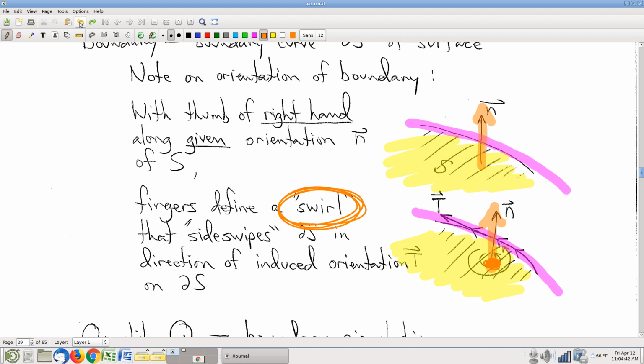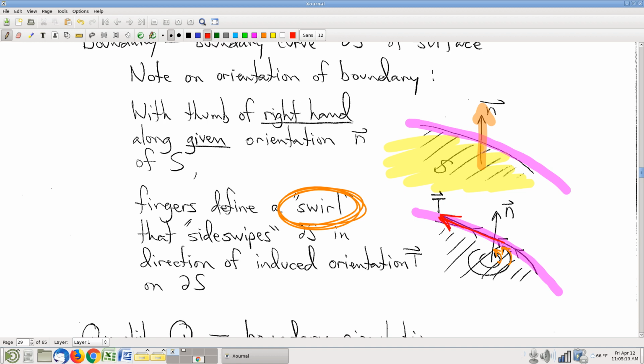So, thumb in the direction of the surface's normal vector, and the fingers curl around the thumb in a well-defined way. That's the way that the swirl goes. And notice that this swirl sideswipes up against the boundary in a well-defined direction.